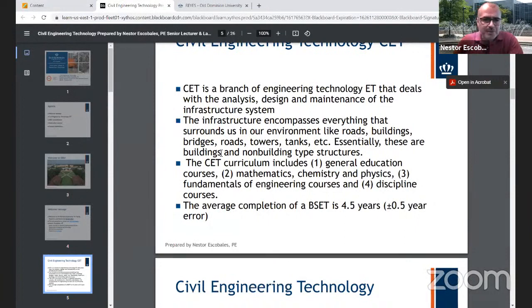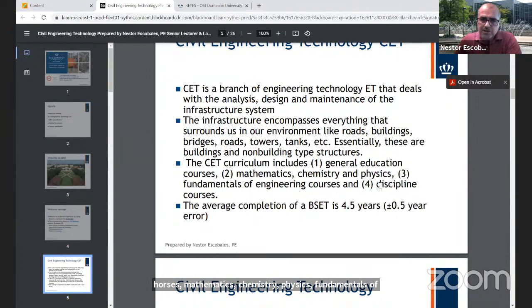Like I was mentioning, roads, buildings, bridges, towers, tanks. What I call buildings and non-building type structures. Non-building type structures are not occupied by people, like towers or dams, whereas buildings are occupied by people. So we have those two distinctions in there. The curriculum includes general education courses, mathematics, chemistry, physics, fundamentals of engineering courses, and the discipline courses.